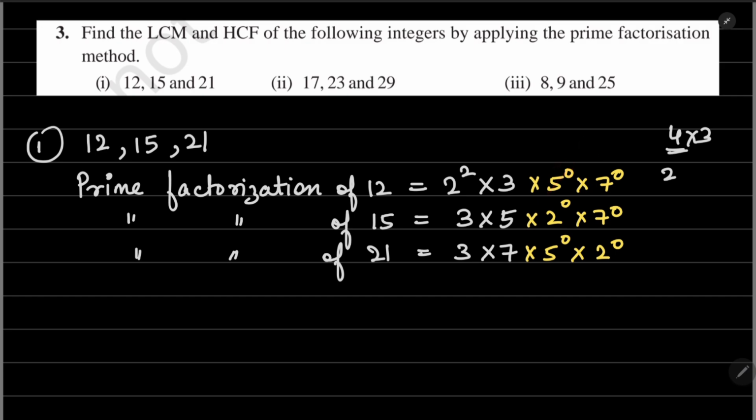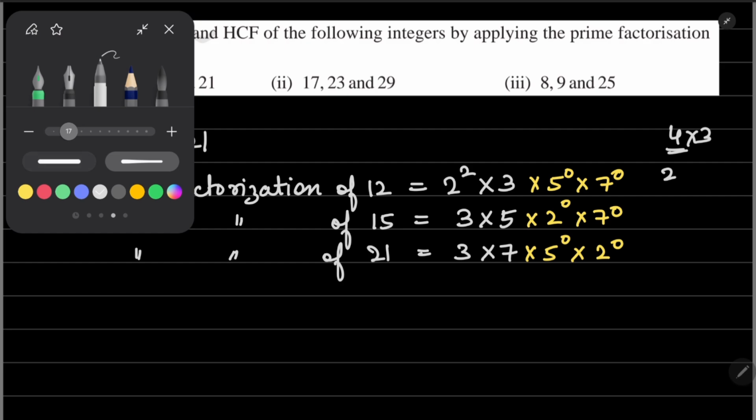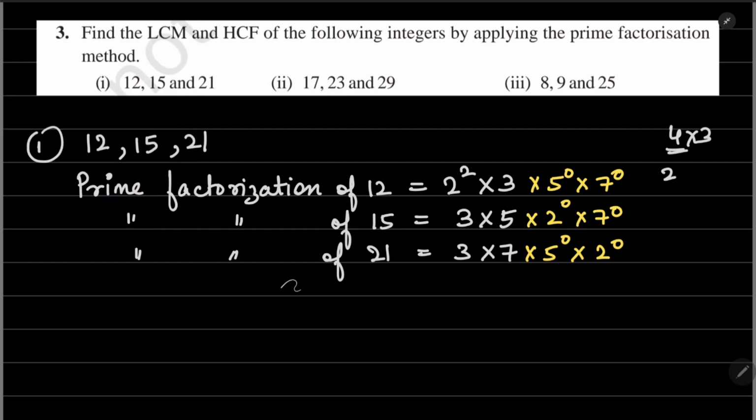Now let us do the LCM. For the LCM, you have to take the highest power. For 2, the highest power is 2 square. For 3, look at everywhere, it's 3 raised to the power 1.